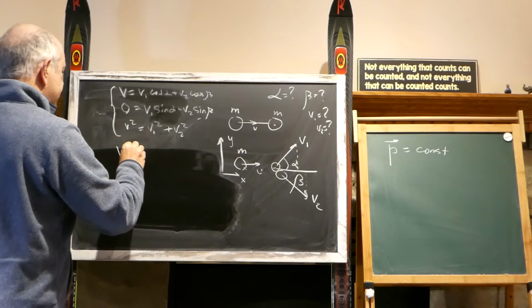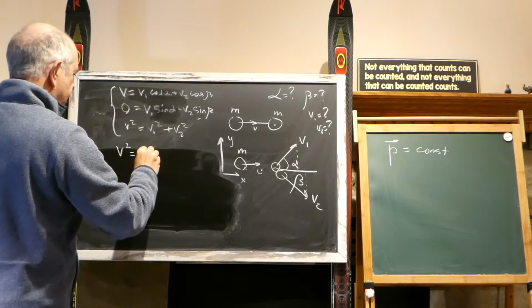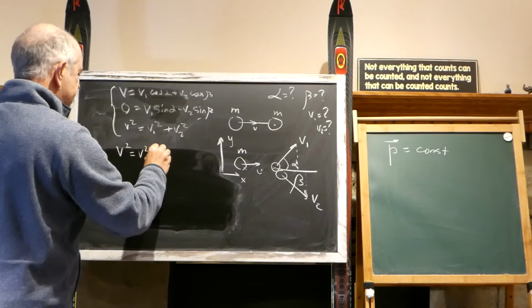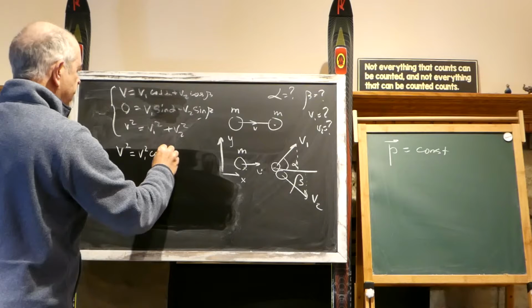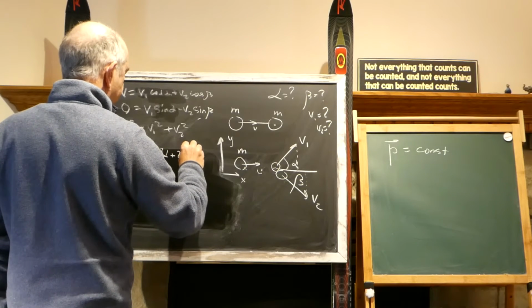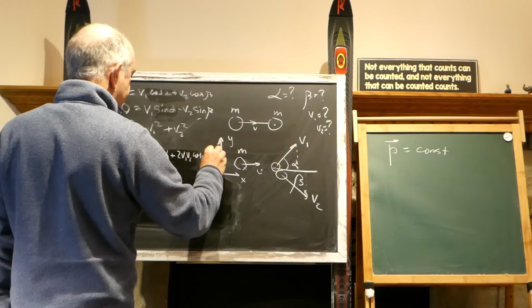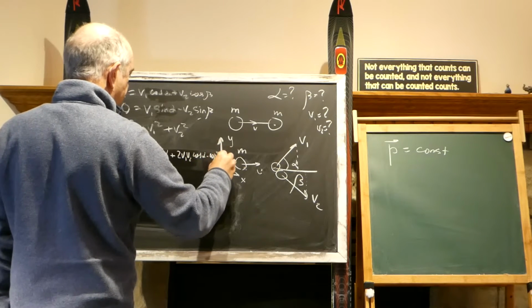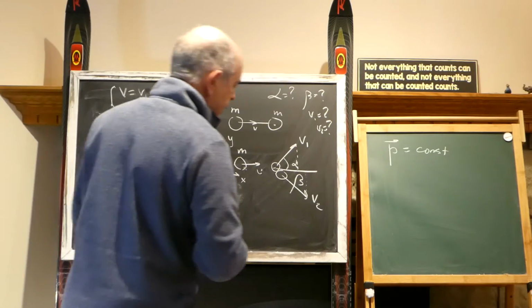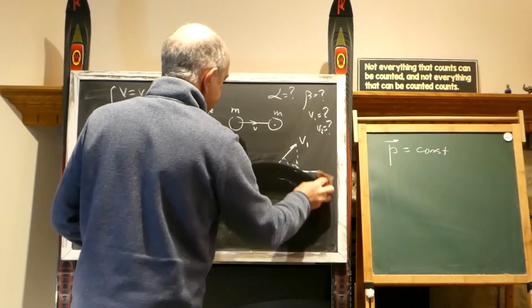First I square this. A plus b squared means v1 squared cosine squared alpha plus 2 v1 v2 cosine alpha cosine beta, and let me wipe it out because this picture is kind of obvious.